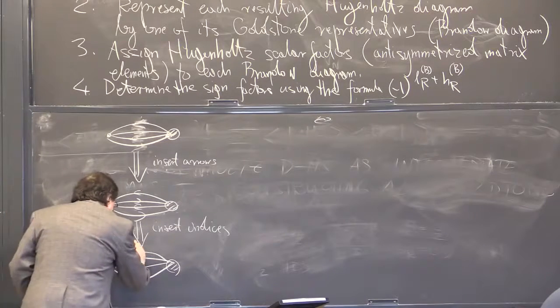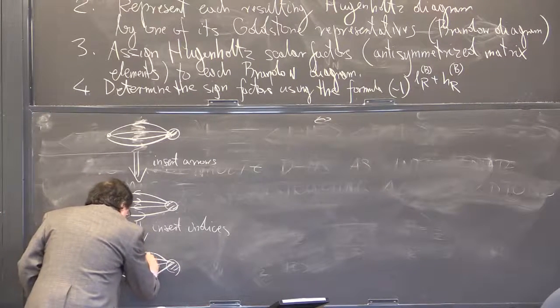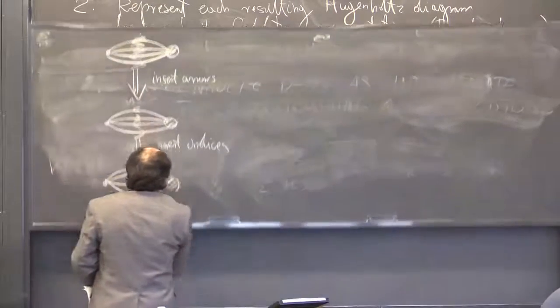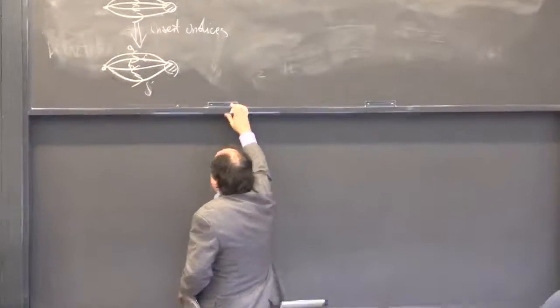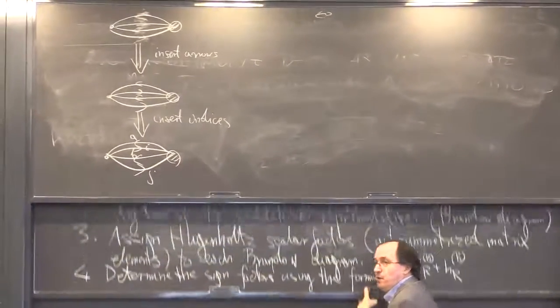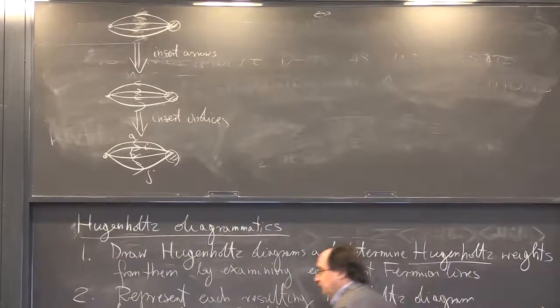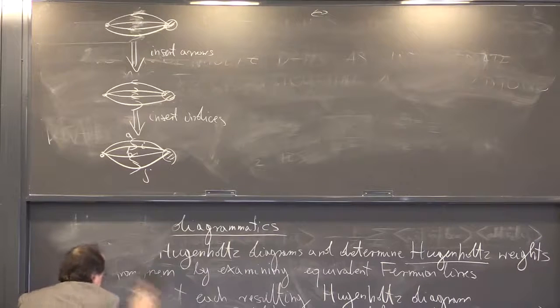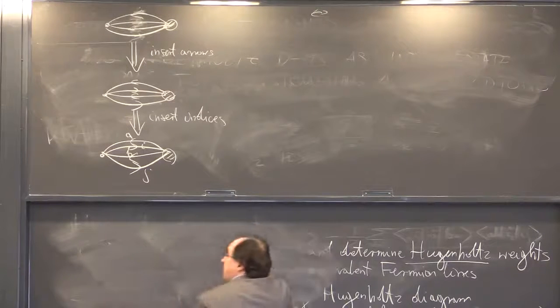So this line will be A, this line will be I, this line will be B, this one will be J. And now I have my Hugenholtz diagram produced, but you can see in a different way than before, because I followed this procedure that involves non-oriented skeletons. And when you have this, now you proceed to point 2.